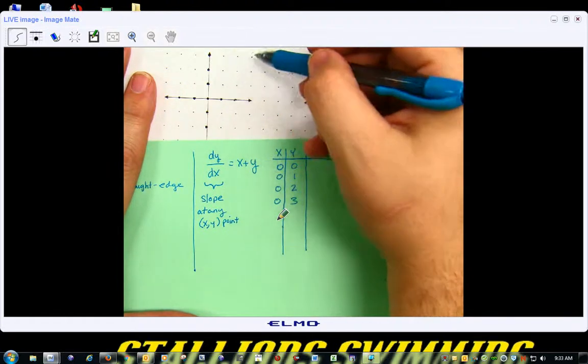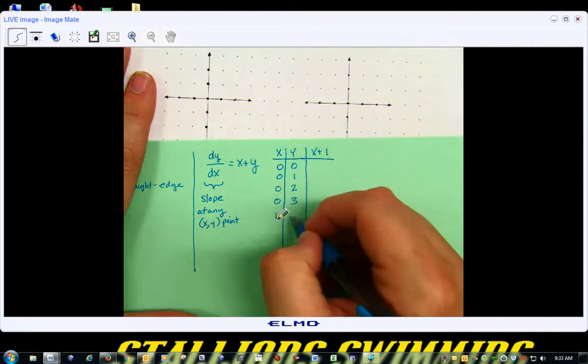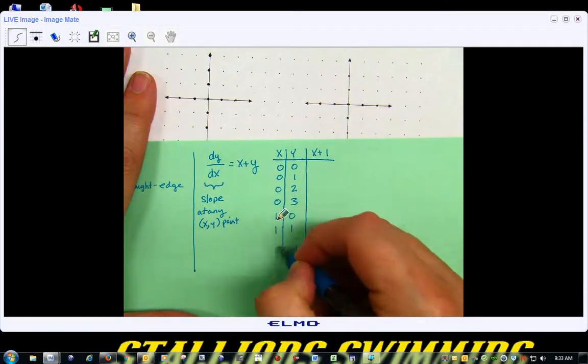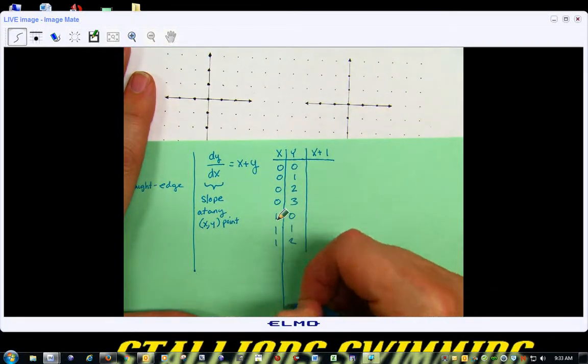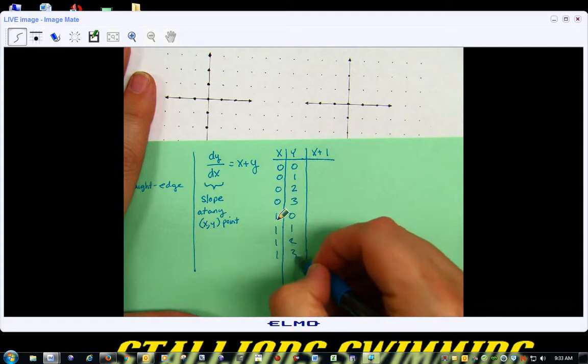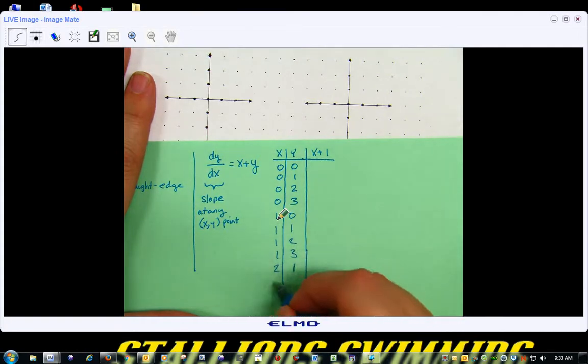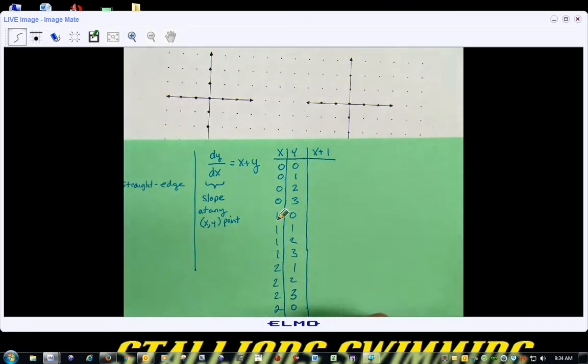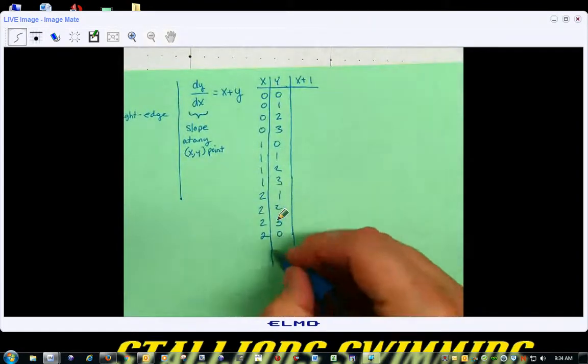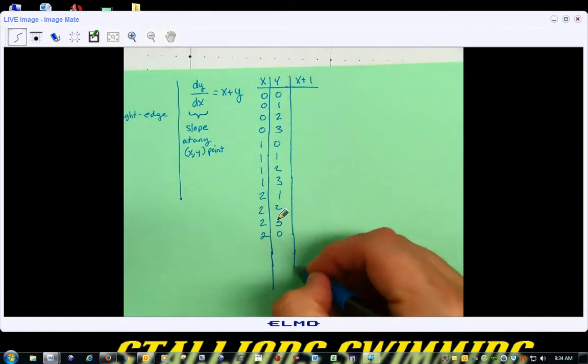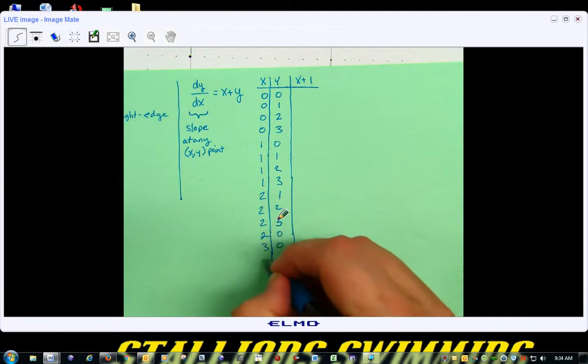Because then we could go 1,0; 1,1; 1,2; 1,3; 2,1; 2,2; 2,3. Forgot 2,0, so I'll put 2,0 in there. And then 3,0; 3,1; 3,2; 3,3.